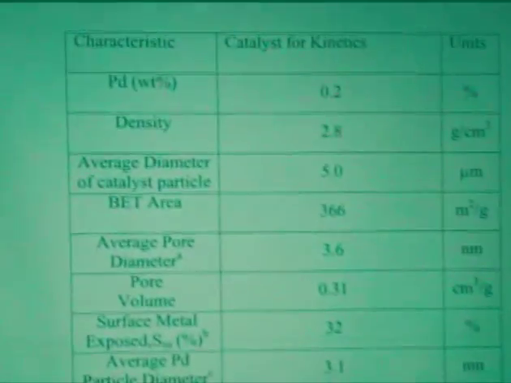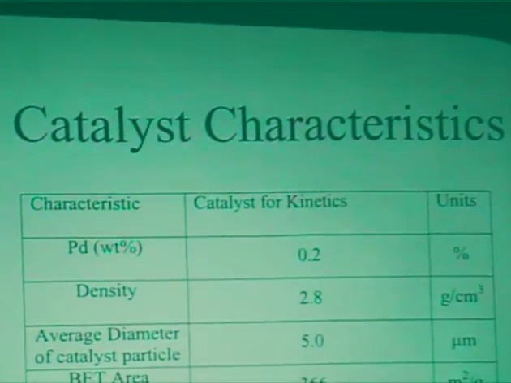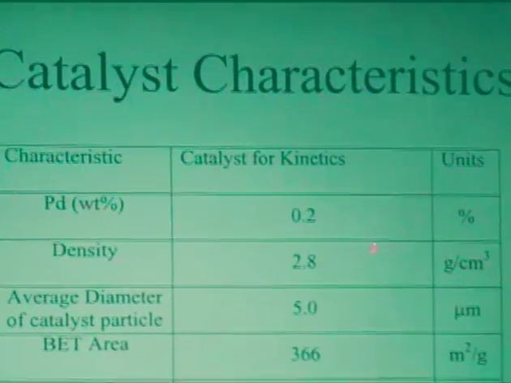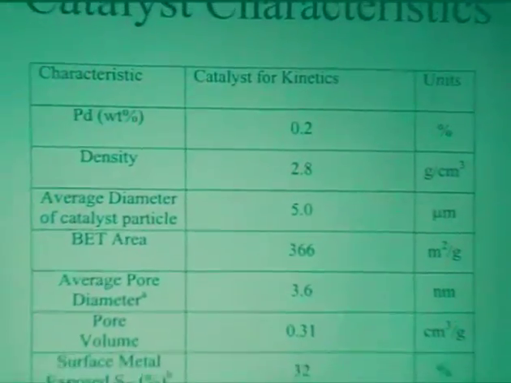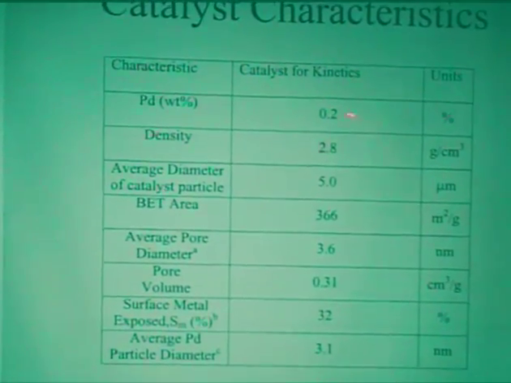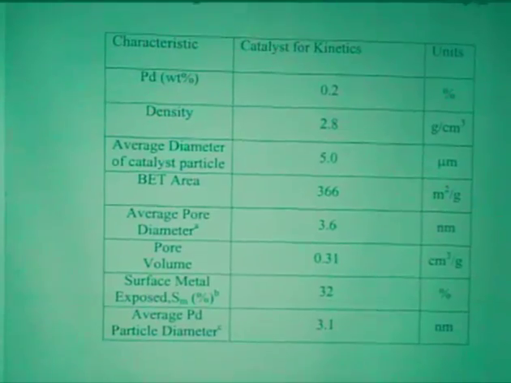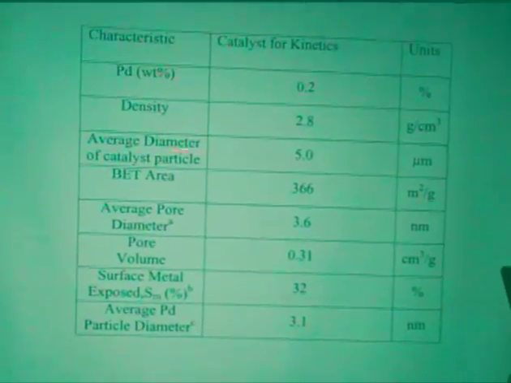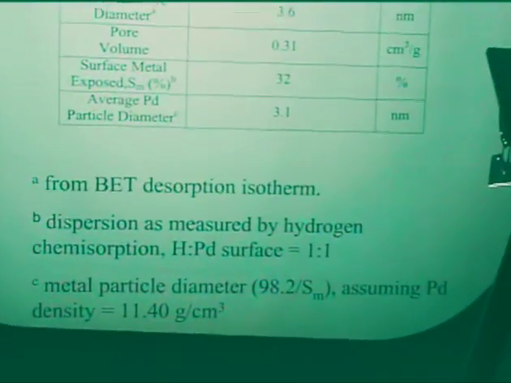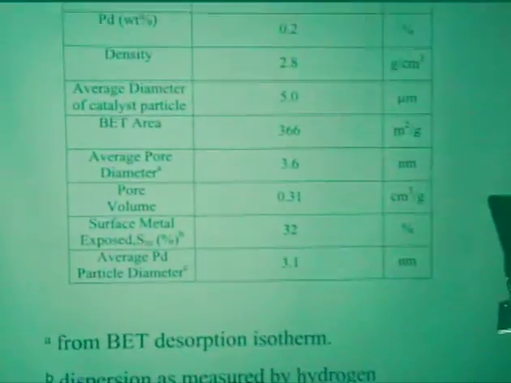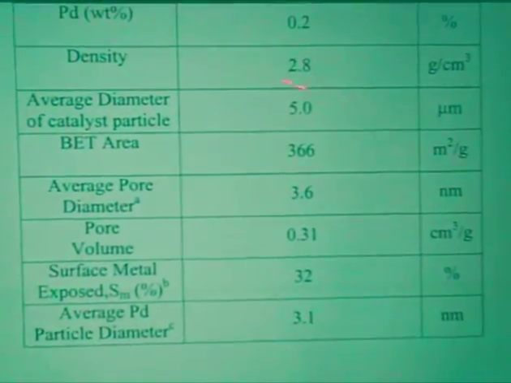So after we do all of that, we determine the catalyst characteristics, as shown here. So we use a very low weight loading of palladium, and we send this off for an ICP analysis. This is our density. It's about 2.8 grams per centimeter cubed. And after we pulverize the catalyst, we get an average diameter of the catalyst particles to be about 5 microns. You actually get a range, and I'm just showing sort of the average.